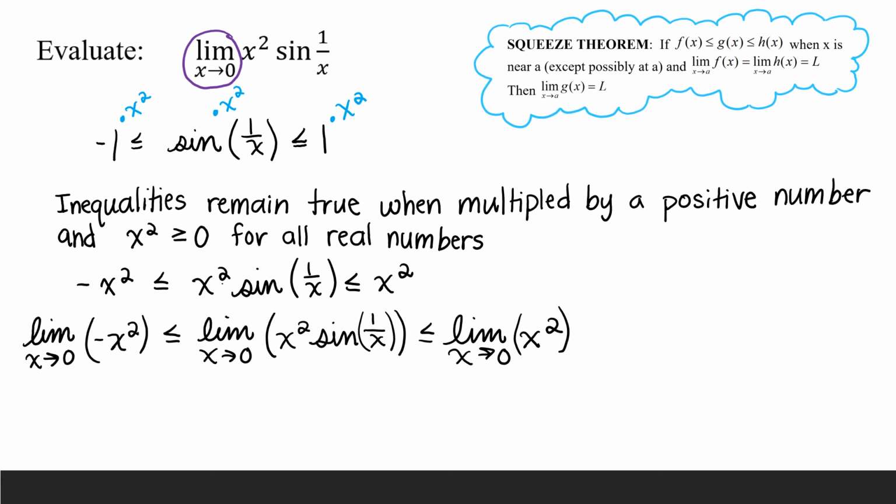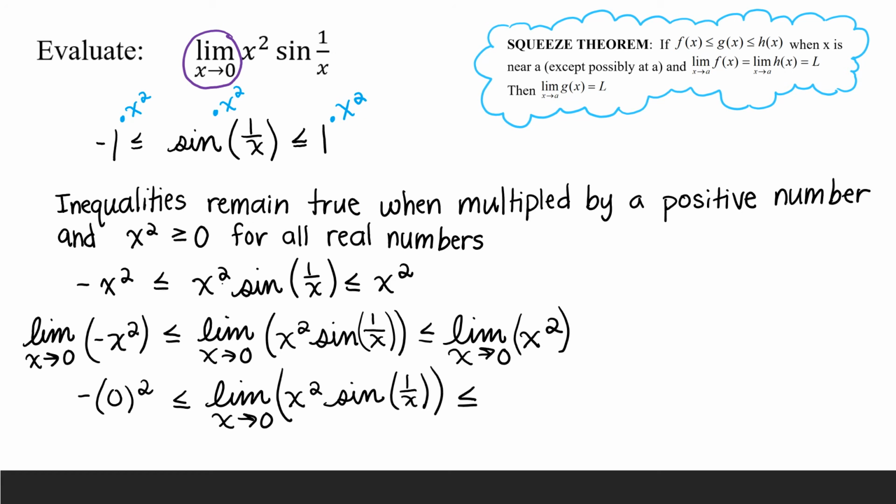So we have negative 0 squared is less than or equal to the limit as x approaches 0 of x squared times sine of 1 over x, which is less than or equal to, now we have to directly substitute 0 into this x squared, 0 squared.